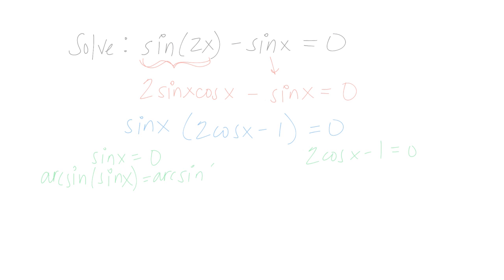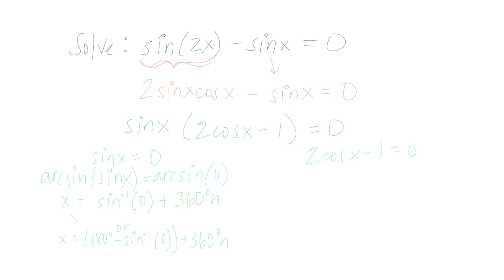And what I'll get here is x equals the sine inverse of 0 plus, we'll just do this in degrees, 360 degrees n, or x equals 180 minus sine inverse of 0 plus 360 degrees n. So what do I have here?